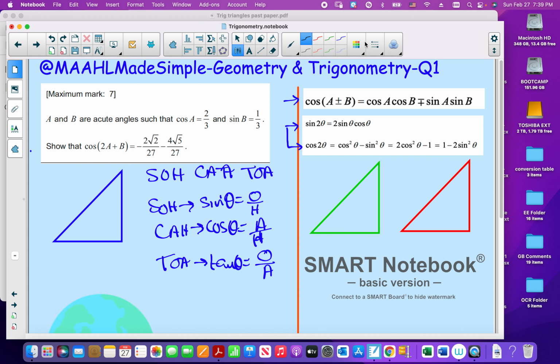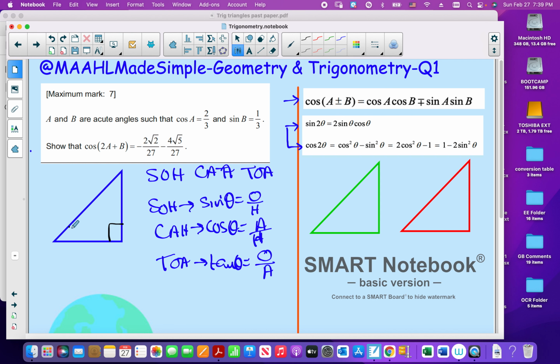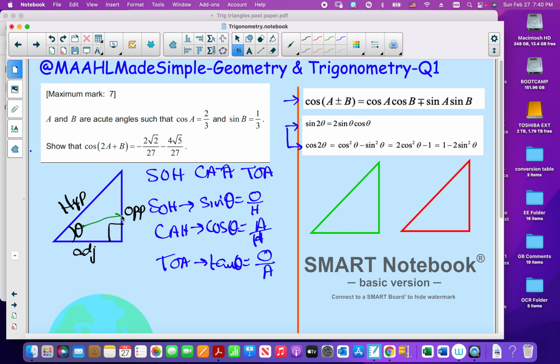So if I have this right angle and this is my theta, then this side is the opposite, this side is the adjacent, and this side is the longest one, the hypotenuse. The side facing theta is the opposite, the side adjacent to theta is the adjacent, and the side facing the 90 degrees is the hypotenuse.